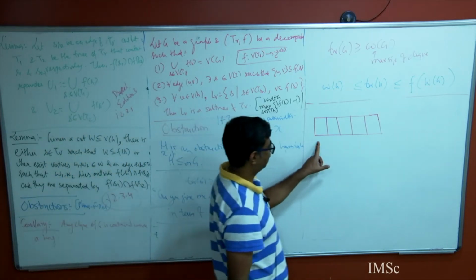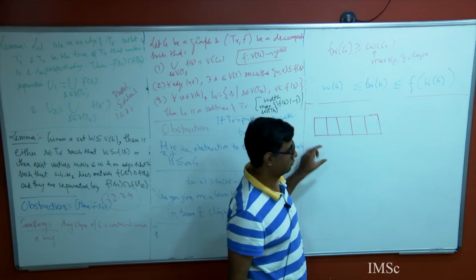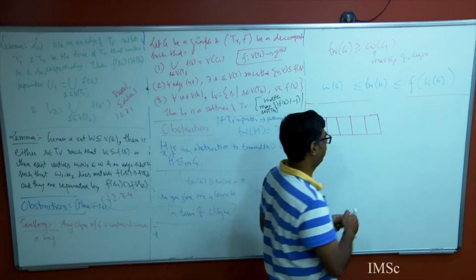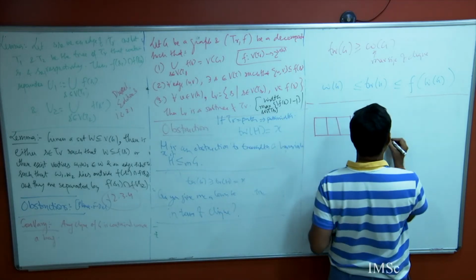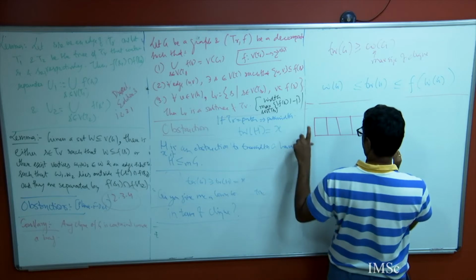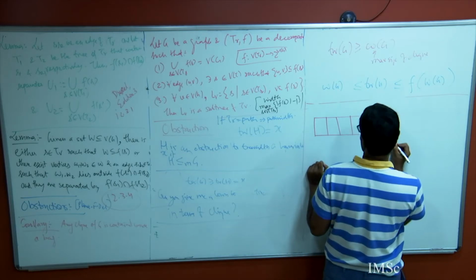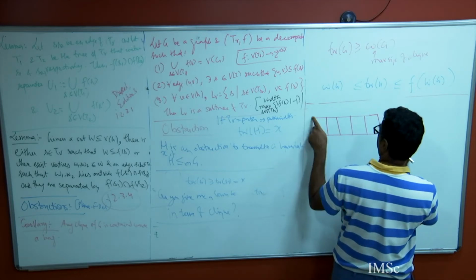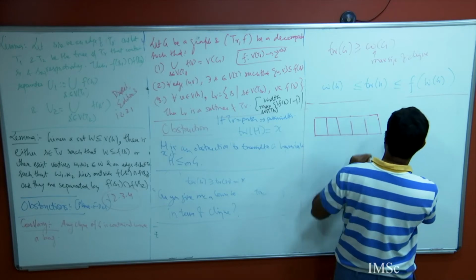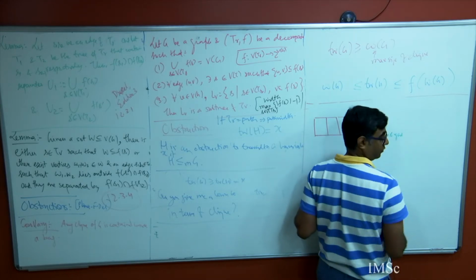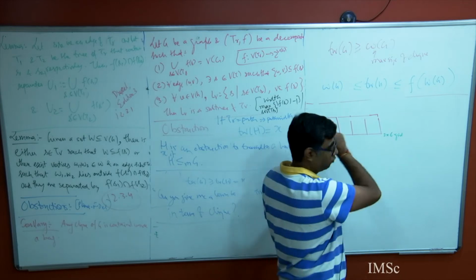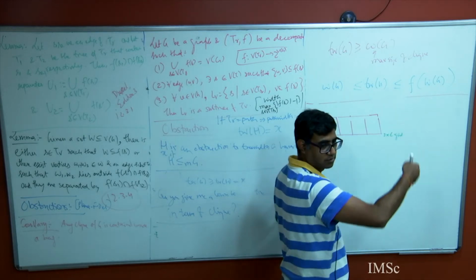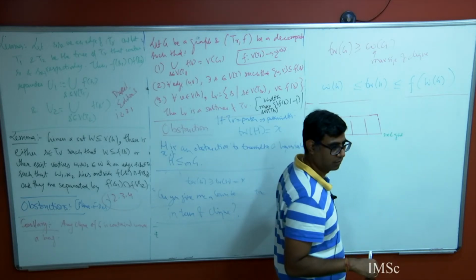It definitely contains a triangle as a minor because I have a cycle. So the tree width of, say, a 2 cross 6 grid. There are 2 lines and there are 6 lines; this is what is meant by a 2 cross 6 grid.